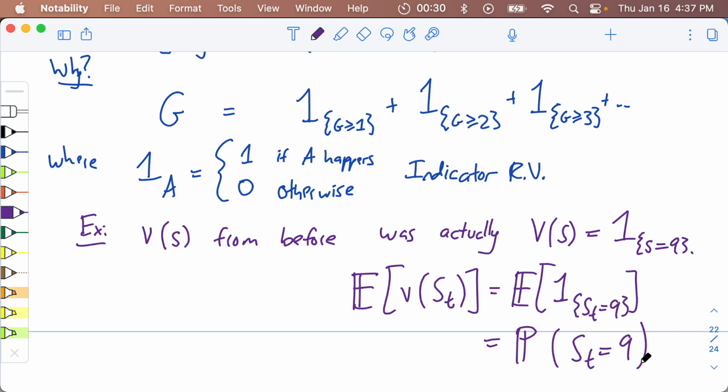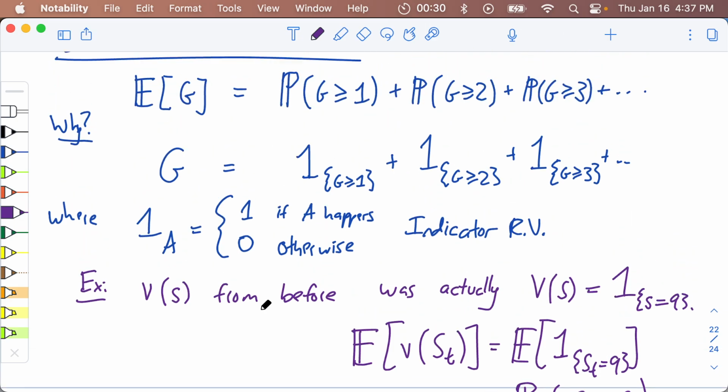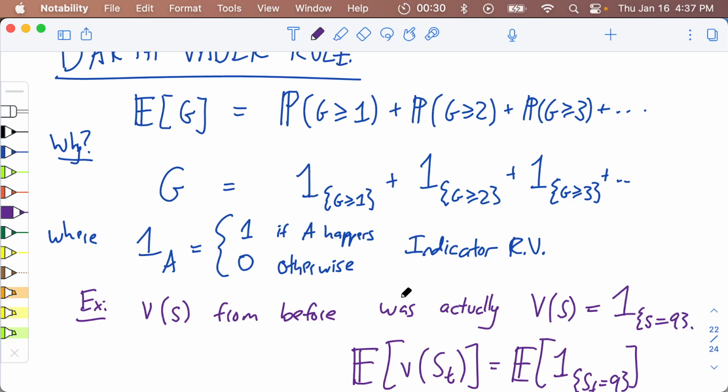That's what it is on average, if it's sometimes 0 and sometimes 1. We did that already. And you can see in my little proof here, once I can convince you that this equation is true, the reason the Darth Vader rule is true is by taking the expected value of the left-hand side and the right-hand side. On the left-hand side, it's g, so it becomes the expected value of g. On the right-hand side, it's a sum of indicators that becomes a sum of probabilities. So all I've got to do is convince you that this thing is true, and then the top line is the expected value of this.